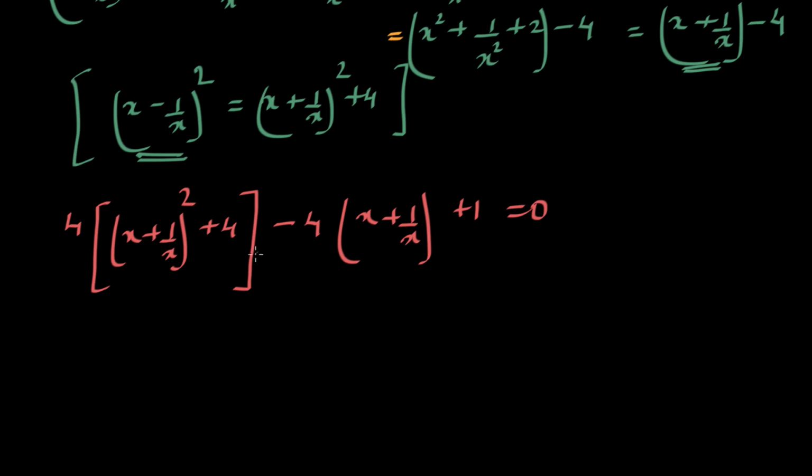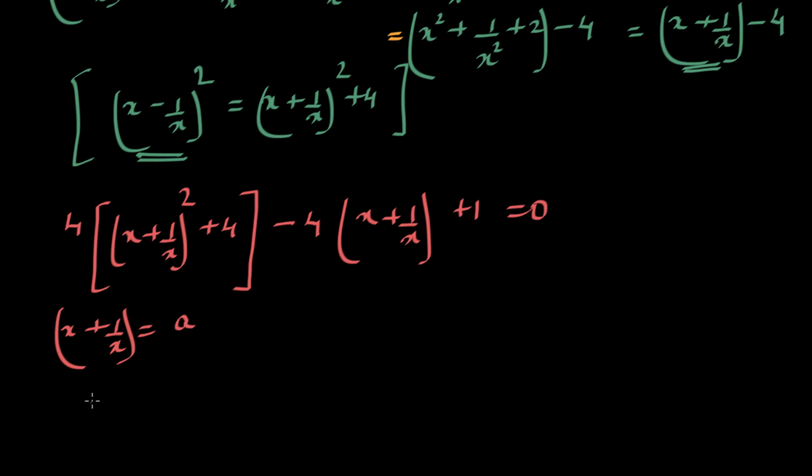Now if everything is clear till now, then the question is very, very simple. It looks like something heavy written here, so I'll substitute x plus 1 by x as some unknown a.